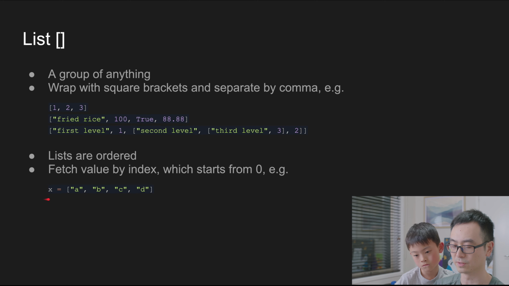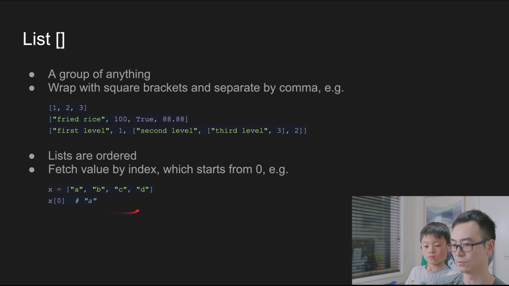So for example, we have this list X. It contains A, B, C, D, 4 strings. When we want to get the first one, A, we use X, square brackets, and 0. So the list name, this is the variable name of the list, right? So list name and then square brackets, still square brackets, and then the index number.